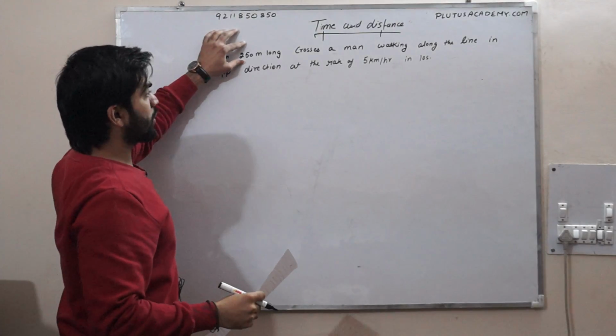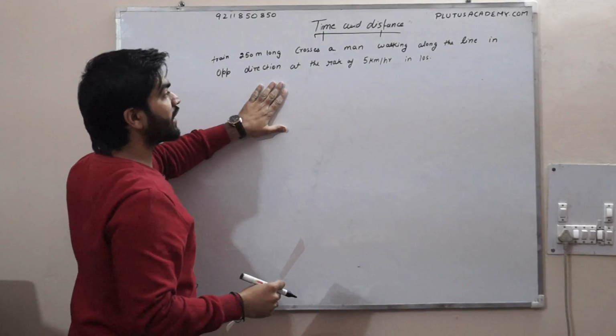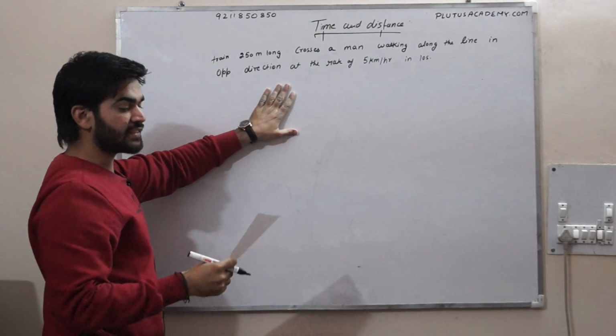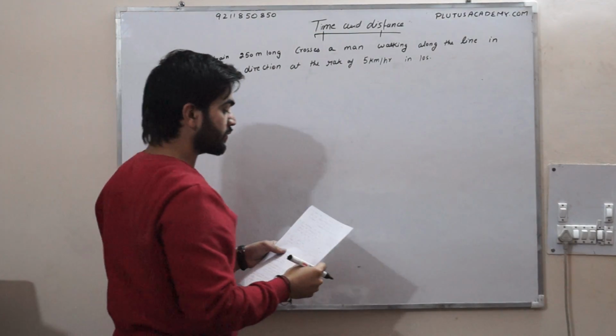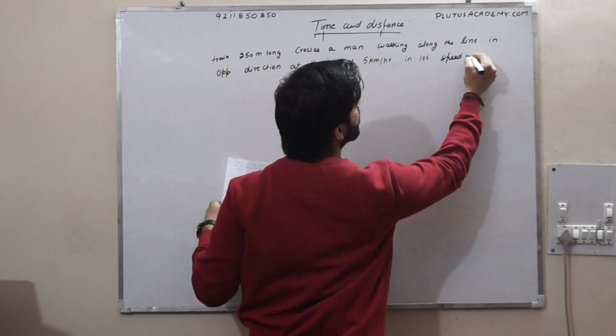Train 250 meter long crosses a man walking along the line in opposite direction at the rate of 5 km per hour in 10 seconds. And what is going? You have to find out the speed of the train.